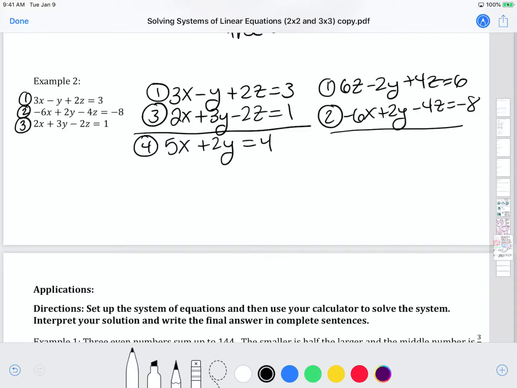When I add those vertically, whoops, look what I did. I made that a z. Let me fix it. When I add those vertically, the x's disappear, the y's disappear, and the z's disappear. And I get 0 is equal to negative 2. This is a false statement. So this means no solution.